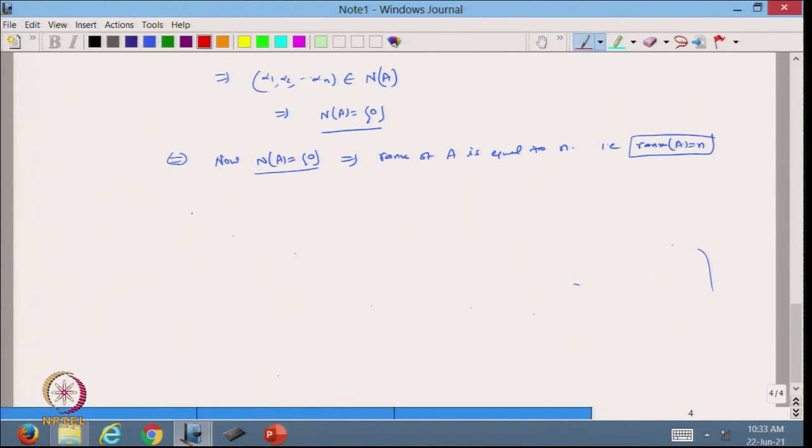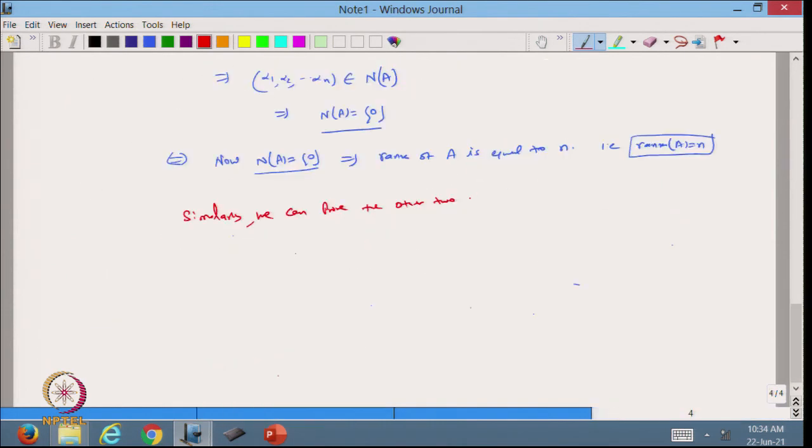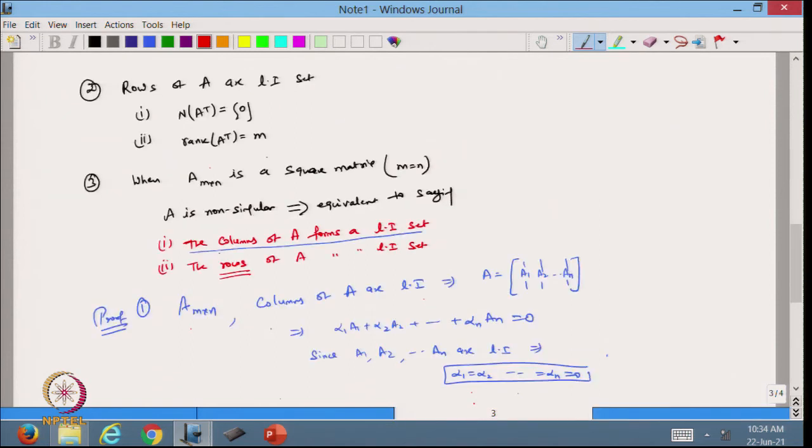So, similarly we can prove the other two statements, because in that case we have to deal with only rows.